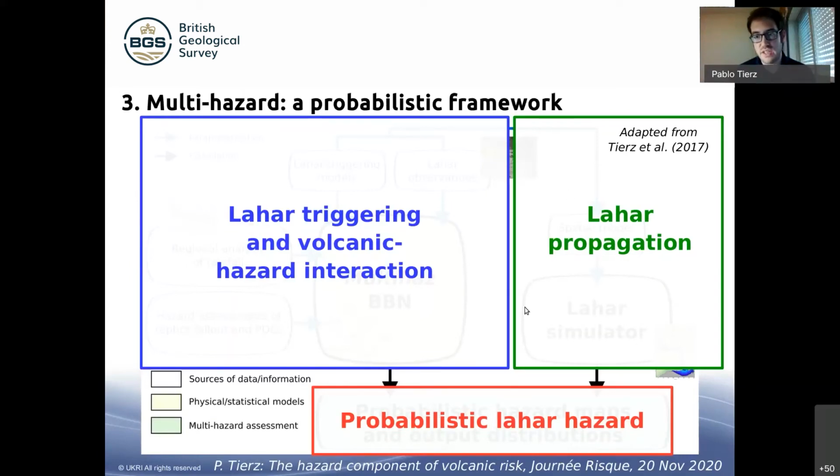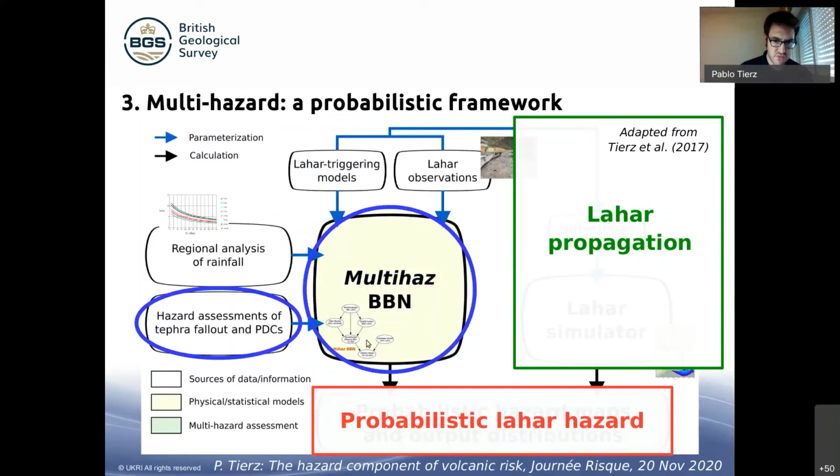Then we have a part that is using a numerical model to simulate lahar propagation. And by combining the two parts of the model, we can then obtain the probabilistic lahar hazard, which incorporates the volcanic hazard interaction. And that's the part that I would like to focus on right now.